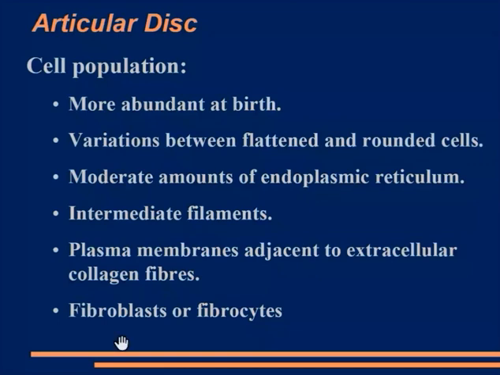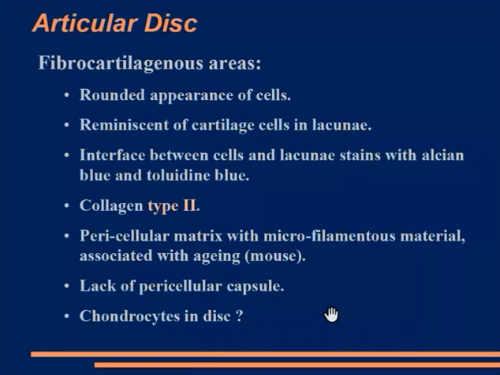Now, the fluorescent microscope will tell me if it's a fibroblast or a fibrocyte, as the fibrocartilaginous area is full of numerous fibroblasts in the neonates, in the early stage especially.